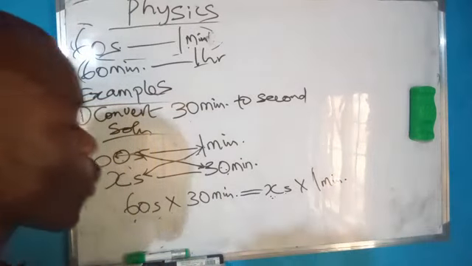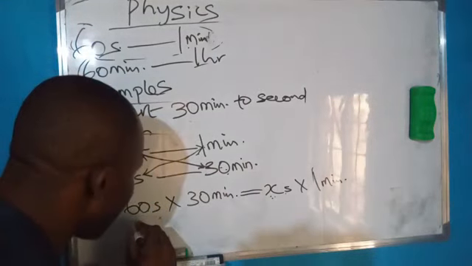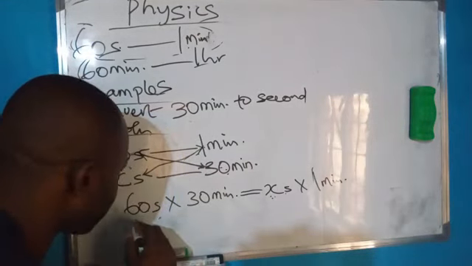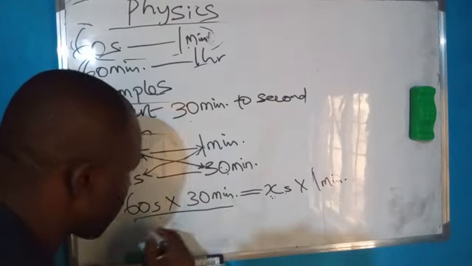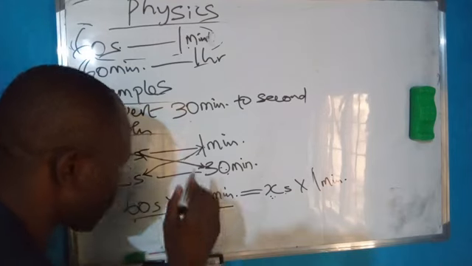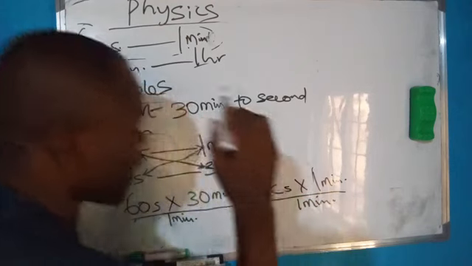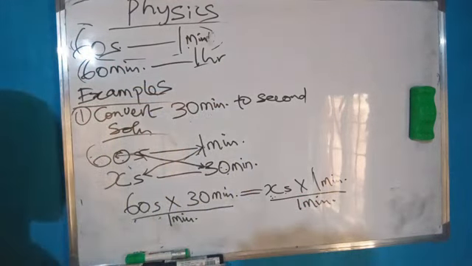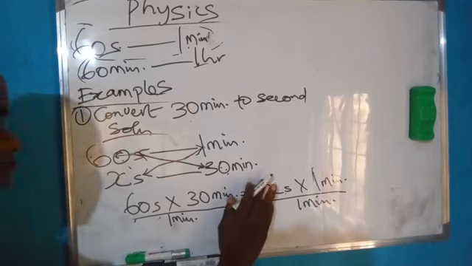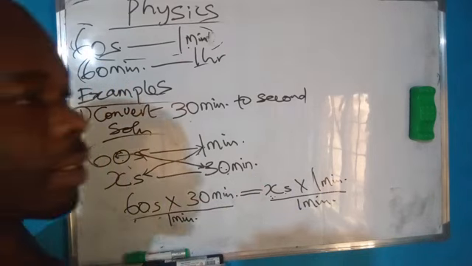So the coefficient of x is 1, but it is 1 minute. Is that clear now? So that you will have all over 1 minute. That is by dividing both sides by the coefficient of x. Both sides means the right hand side and the left hand side.